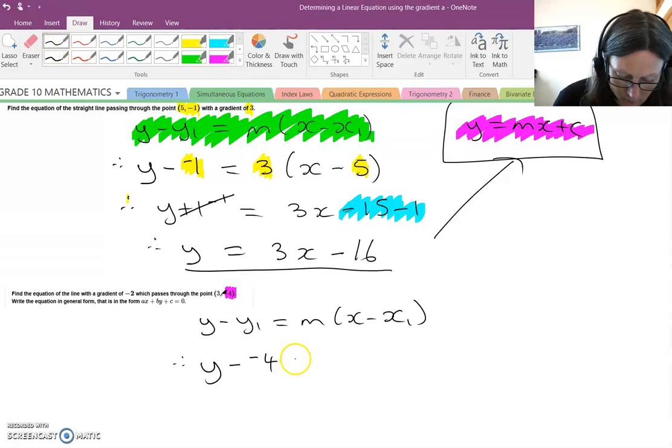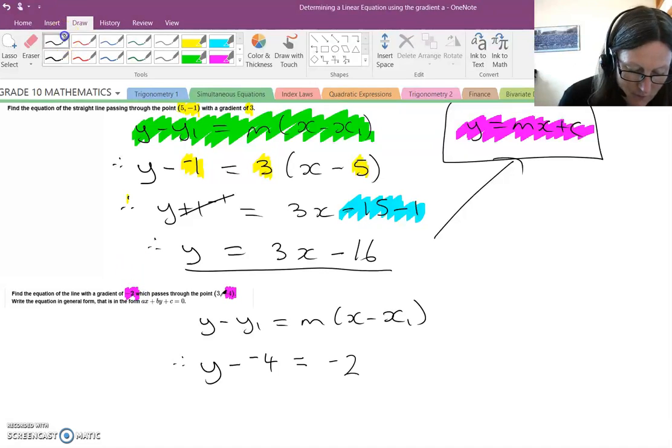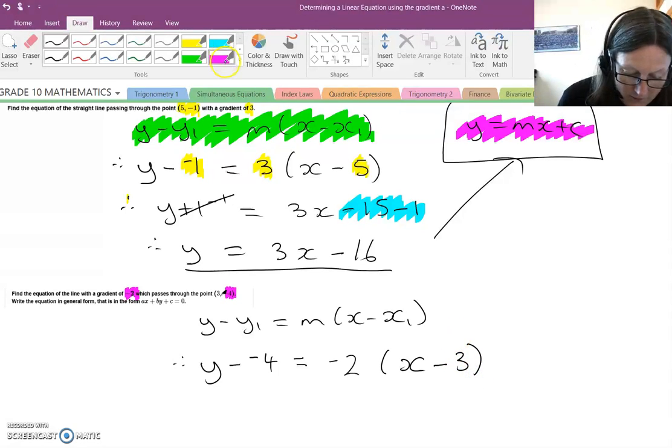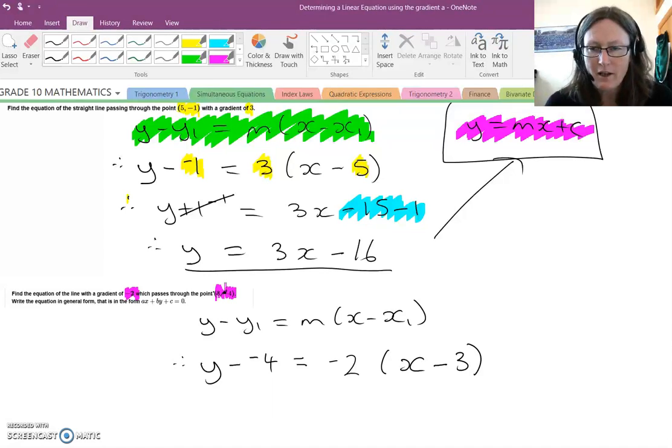We then put down -2 for the gradient because we're told here that the gradient is -2. And then in our brackets we do x subtract 3 because x1 is 3. So we've substituted in our three values.